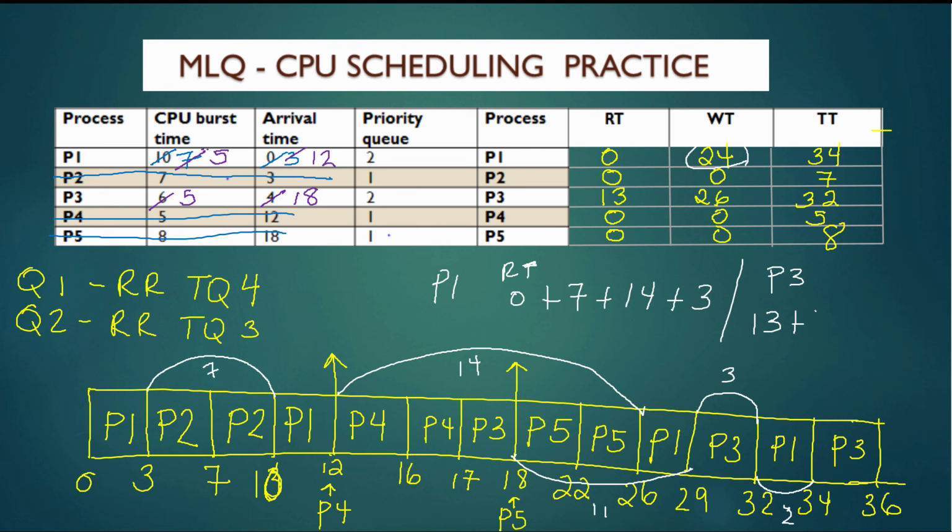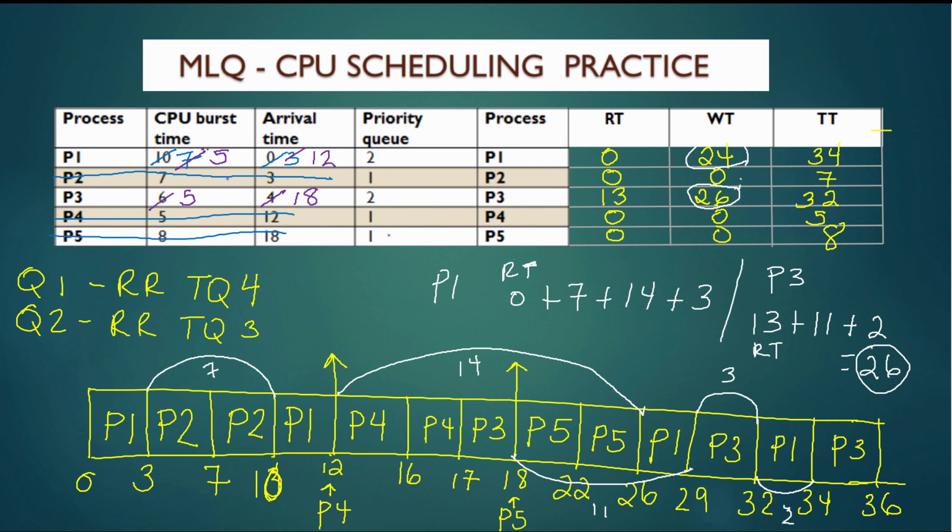So if you have 13 plus 11 plus 2, and this is the response time, it's the first measure of wait time, 13 plus 11 plus 2 equals 26, which is the total wait time for P3.